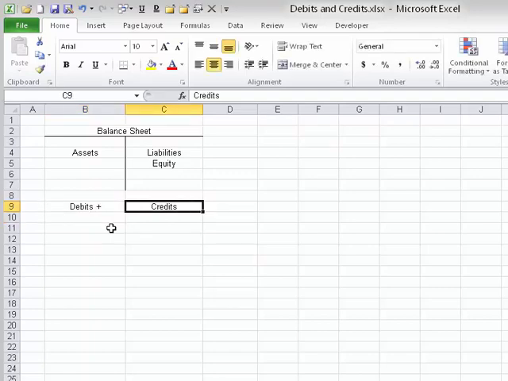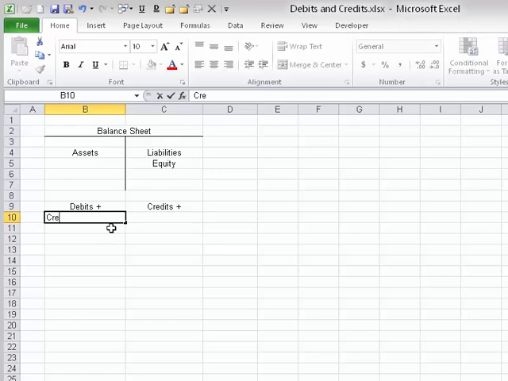If we're on the right side and we increase liabilities or equity, we'll use the plus sign as well. Now what this means is that any asset account that has a debit applied to it increases that account's balance. That also means any liability or equity account that has a credit added to its balance will increase that account's balance.